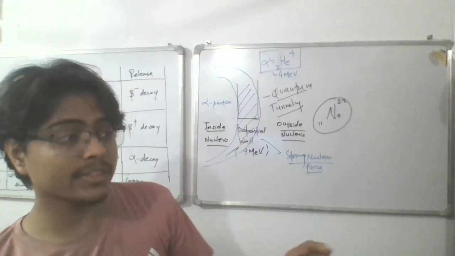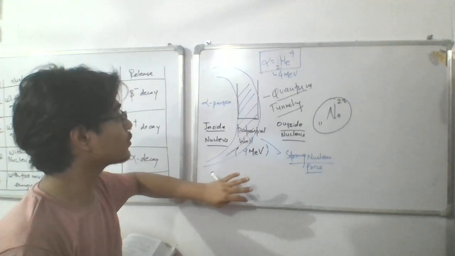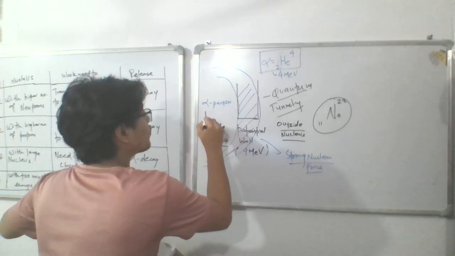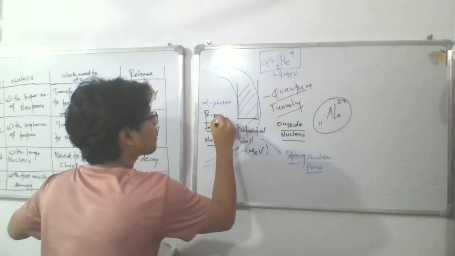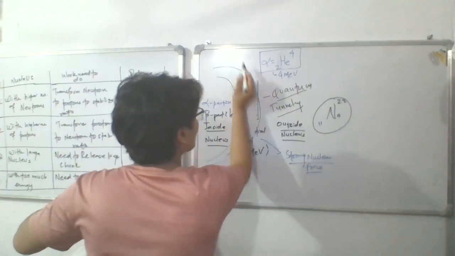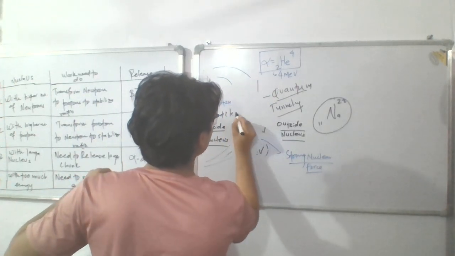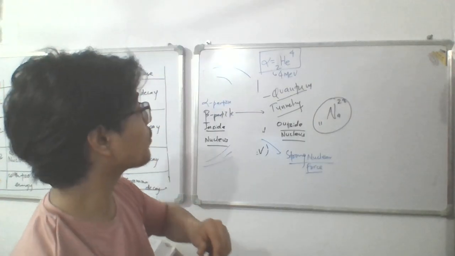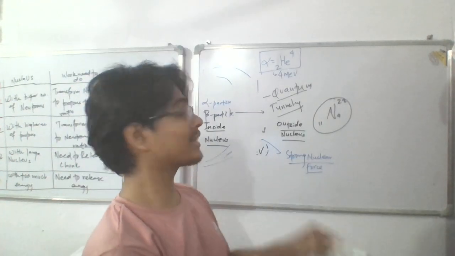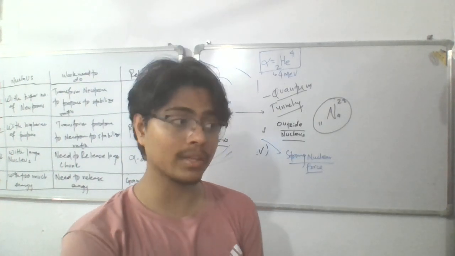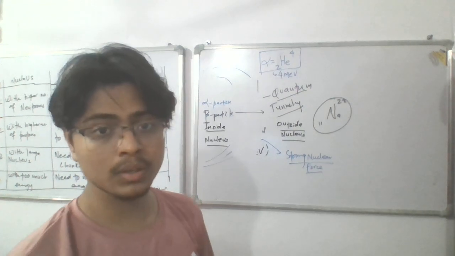So they become invisible to this potential well. For the beta particle, there is no potential well at all, so it can go without even tunneling, without any effort.